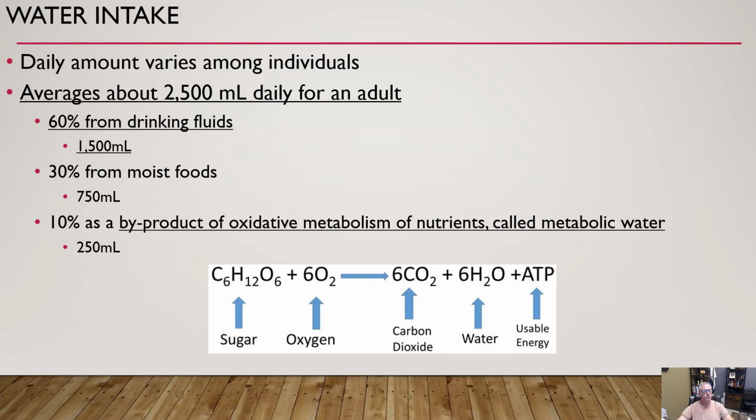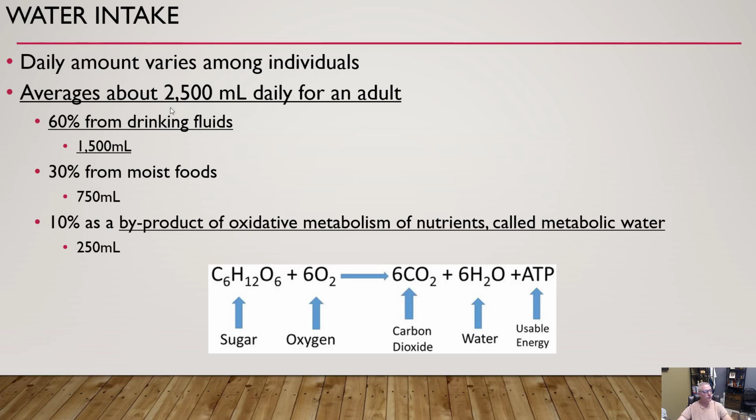All right, so for water intake, this is going to vary among individuals, and especially if you're a patient on dialysis, this is not going to apply because you don't want to take in a lot of fluids if you're on dialysis, because that can throw you into congestive heart failure rather quickly.